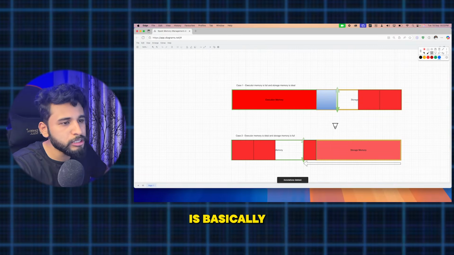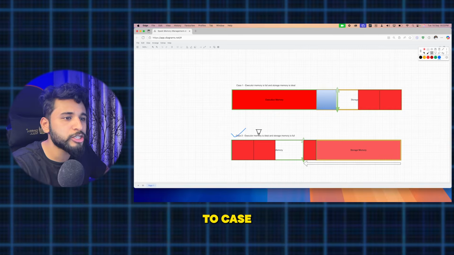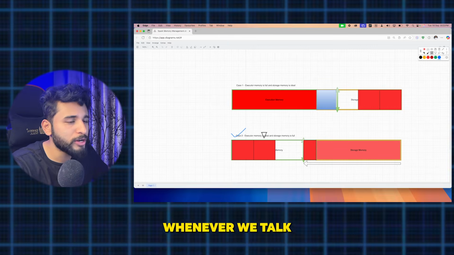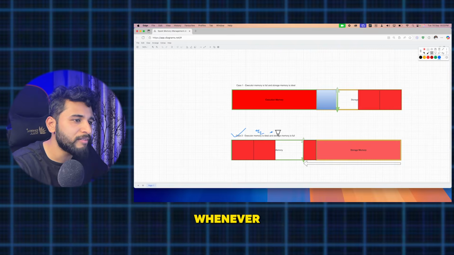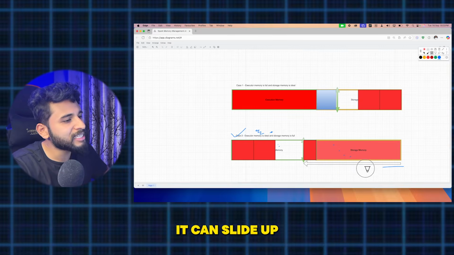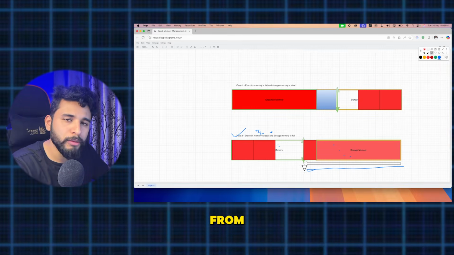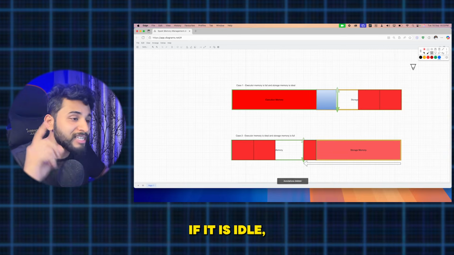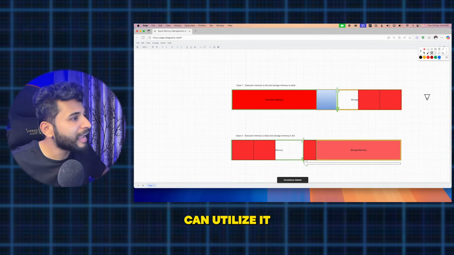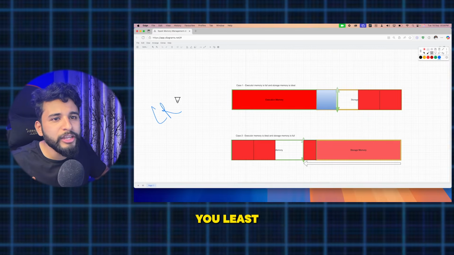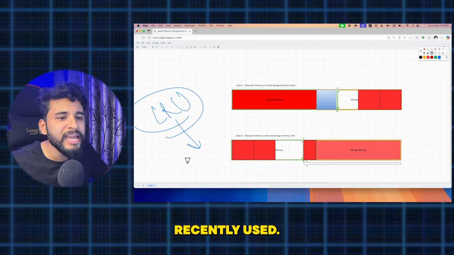Second, to understand case 2: whenever executor memory is idle and storage memory is full, it can slide up and take the memory from the executor. Try to understand that only if executor memory is idle can the storage memory utilize it. And how it utilizes, there is an algorithm called LRU, least recently used.